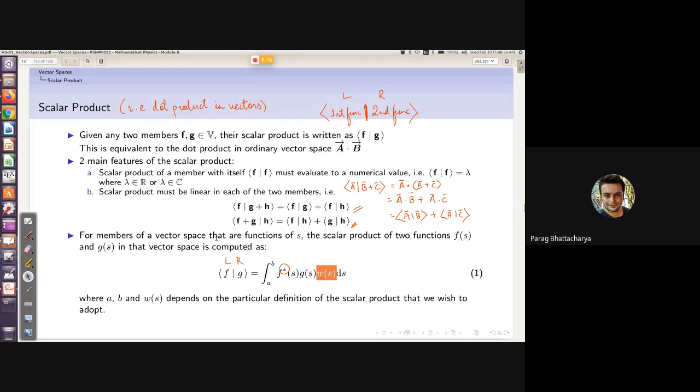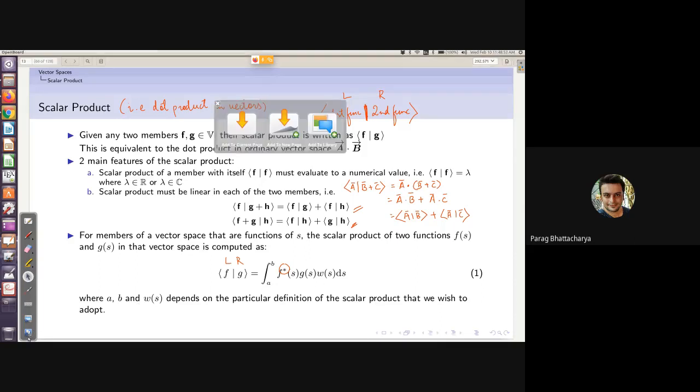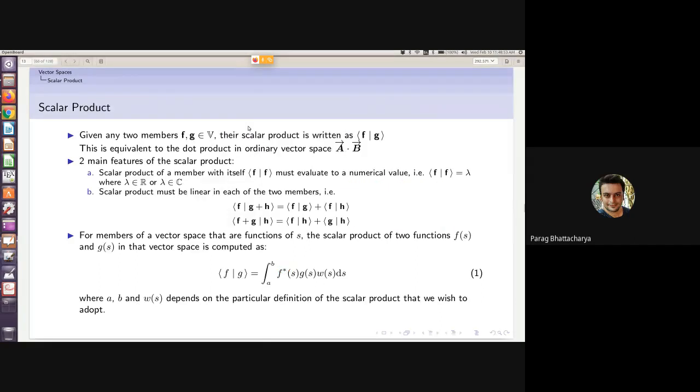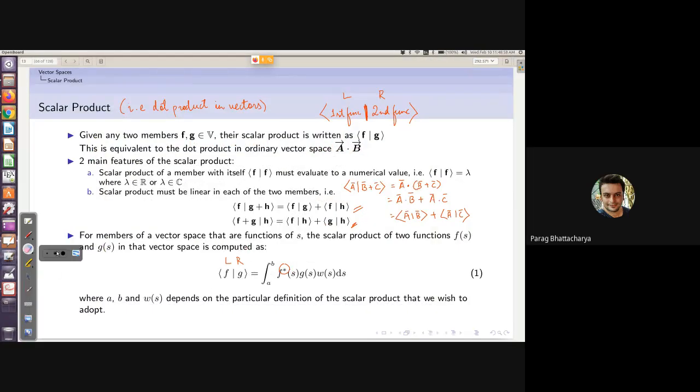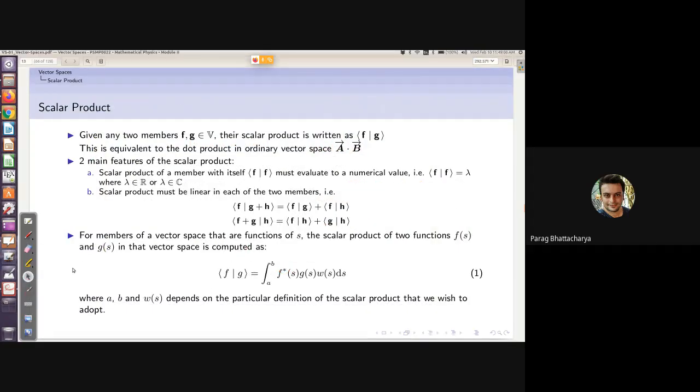What kind of scalar product you want to adopt depends on that, so it could change from vector space to vector space. That's what your scalar product is all about. The integration, by the way, last point that I had forgotten: the integration in equation number 1 is indispensable.